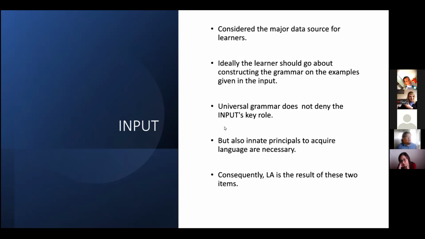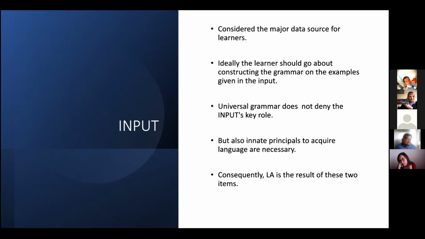Okay. Now, something that we heard about grammar, universal grammar, is important. Universal grammar doesn't deny the input's key role. It is important to have good input for them, but also the learners should have some kind of innate principles to acquire the language. Both are necessary.